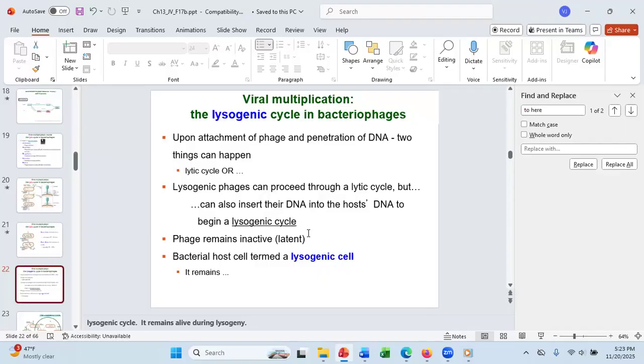So that's why they say this virus remains latent or inactive. The bacterial host cell is termed a lysogenic cell, and it remains alive for as long as the virus remains in the lysogenic life cycle. And that life cycle is sometimes called lysogeny, and that's the same as the lysogenic life cycle.